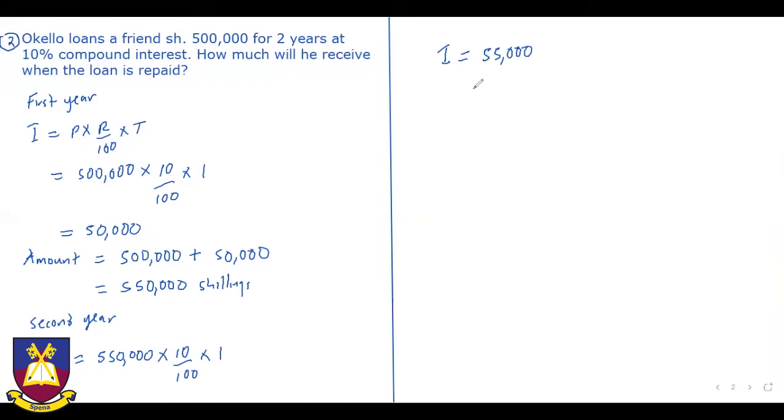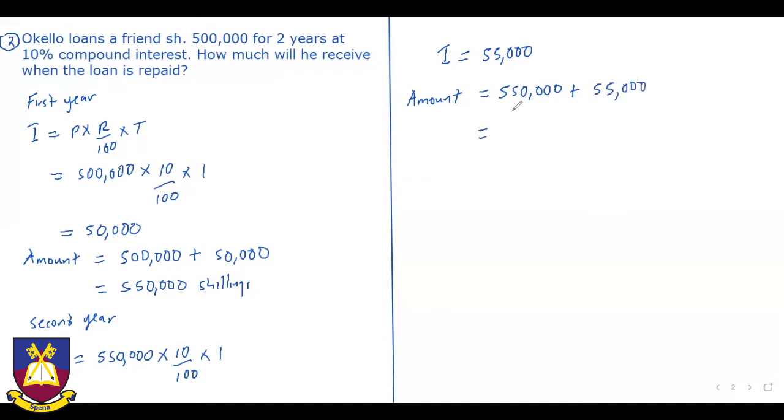That's the interest. Therefore, the amount now will be the principal, which was 550,000 at the end of the first year, plus the interest, which is 55,000.